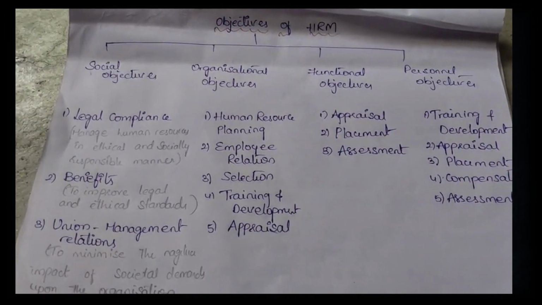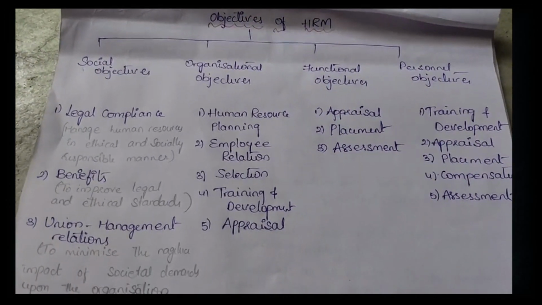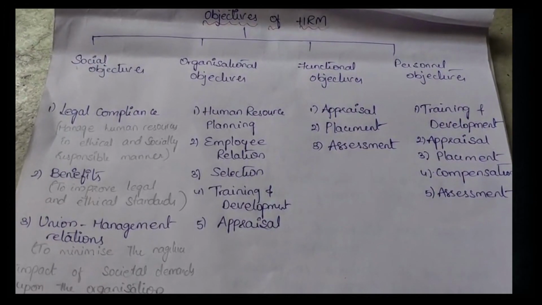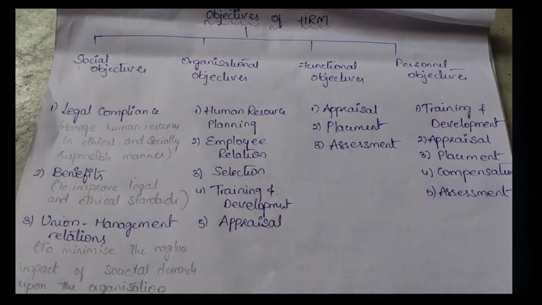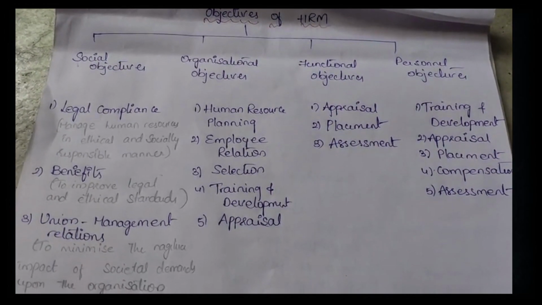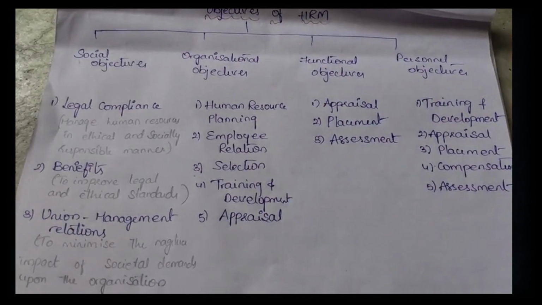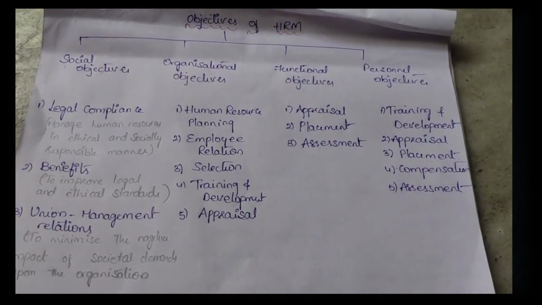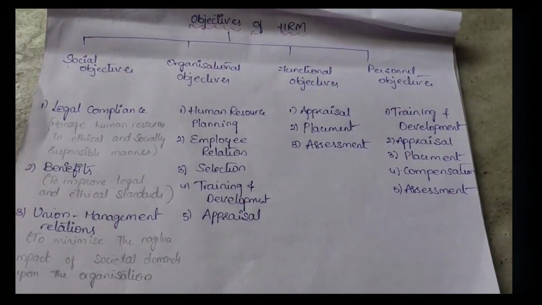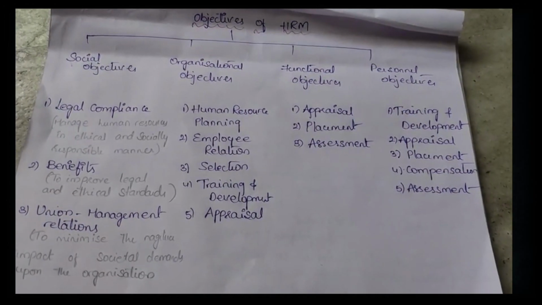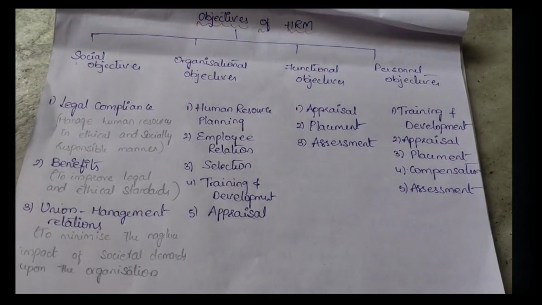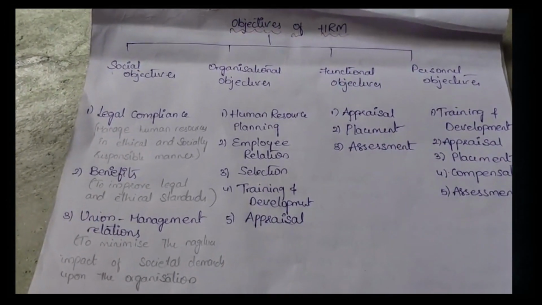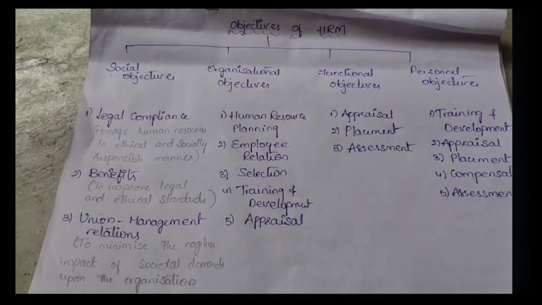Social objectives. In the social objectives, first point is legal compliance. Legal compliance means, how can you write? Here I wrote: manage human resources in an ethical and socially responsible manner. It means the responsibility of the HR department is to teach each and every employee on ethical and social issues.